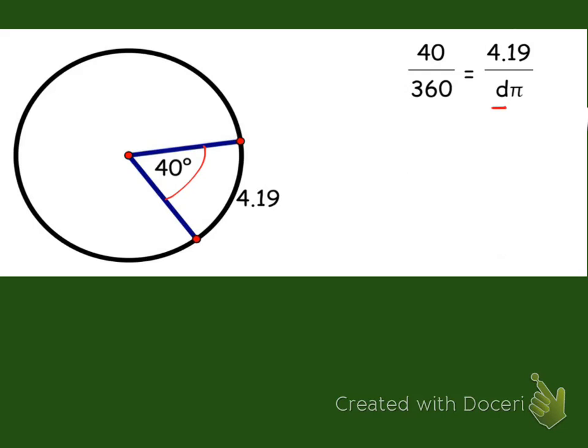So now we can use that to solve, and as we solve this, we would simply cross multiply, and so you would see where we would do 360 times 4.19 is equal to 40 pi d.